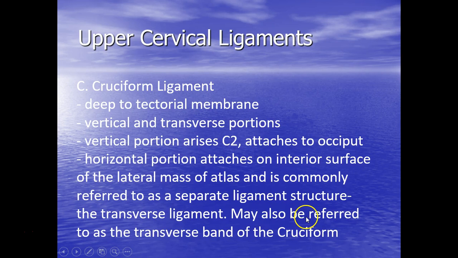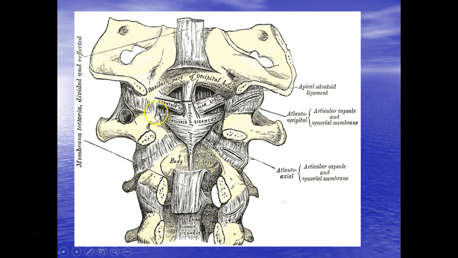But technically it should be referred to as the transverse band of the cruciform ligament, because in addition to this very strong transverse part of the ligament, there is a vertical band connecting to the occiput above and to the posterior vertebral body of C2 below. Again, in this posterior view we've cut away the posterior arch of atlas and cut the vertebral arch away from the body of axis to illustrate the transverse ligament.